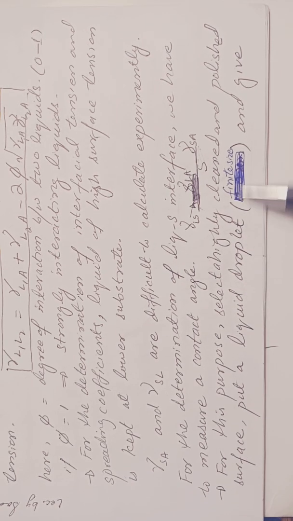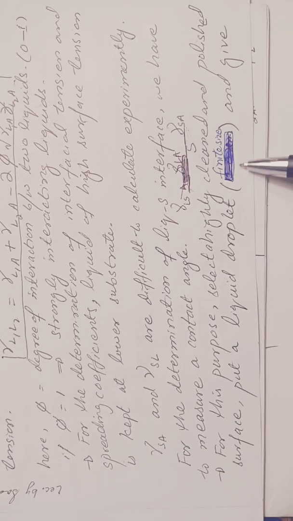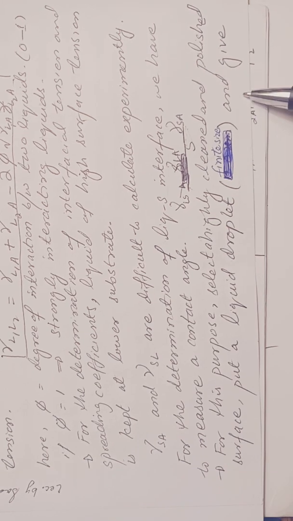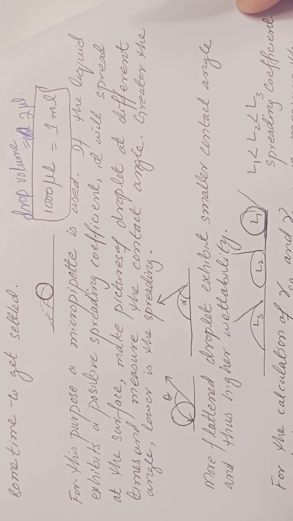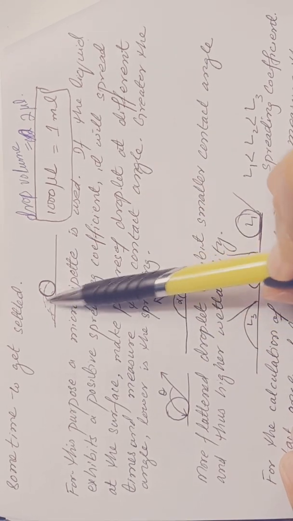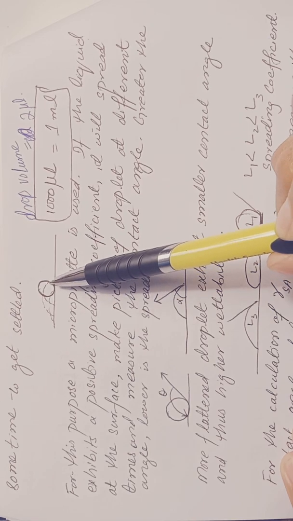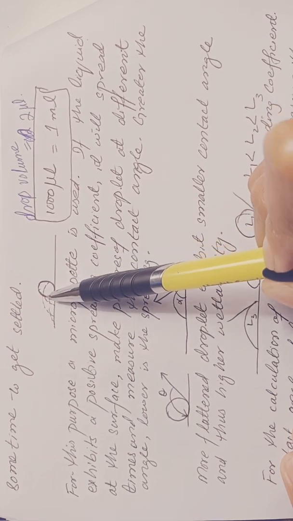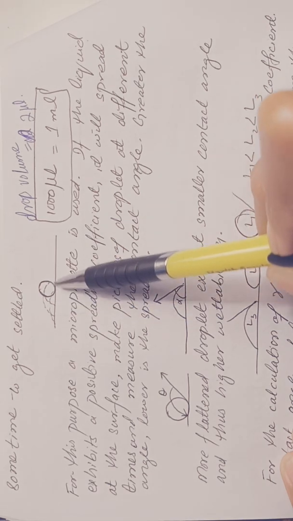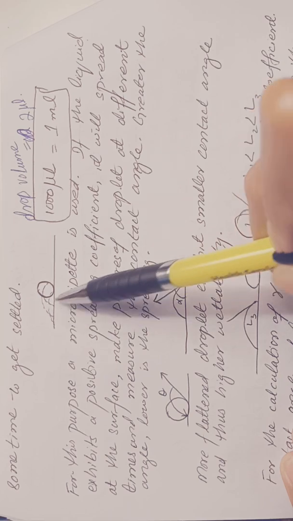For this purpose, select a highly cleaned and polished surface, then put a liquid droplet of finite size, meaning it should be visible, and give it some time to settle. Here we can see the droplet has been cast initially, and after some time the diameter of the droplet increases. This is the first one, then it spreads in this manner.